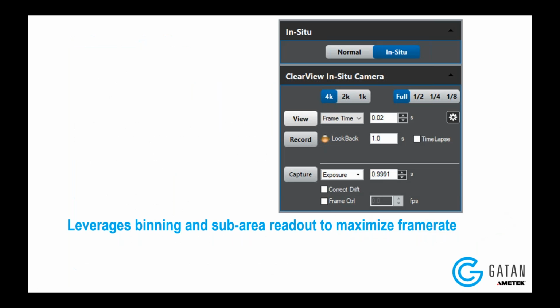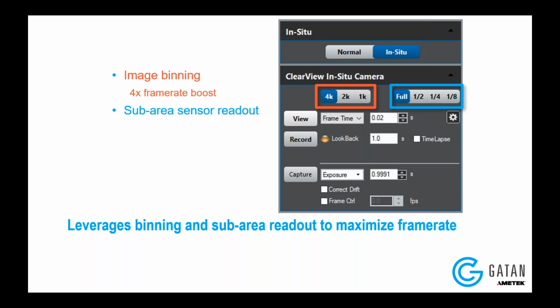When you have the in situ version of the camera, you'll have a different type of palette control, a different user interface control, when the camera is in in situ mode. You'll still have your binning options to choose your image size, and when you use image binning, you improve the frame rate by up to 4 times.